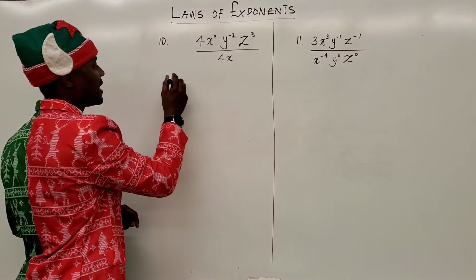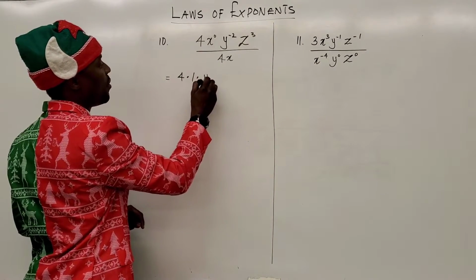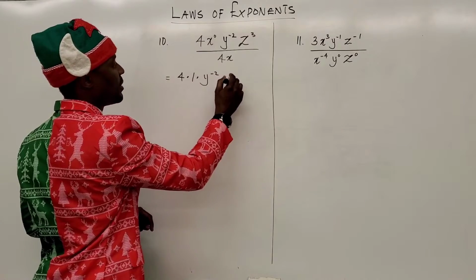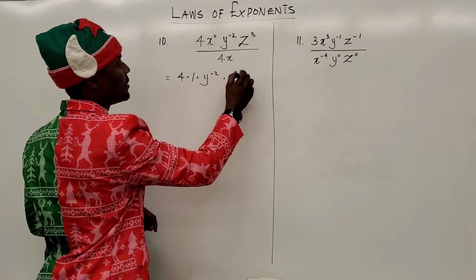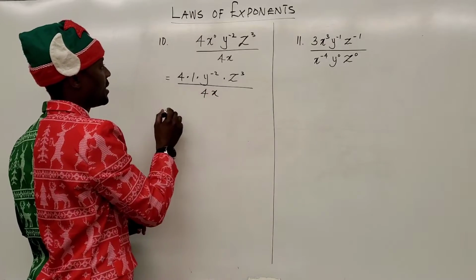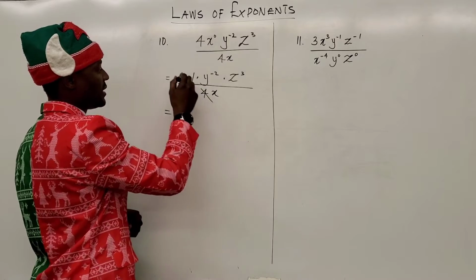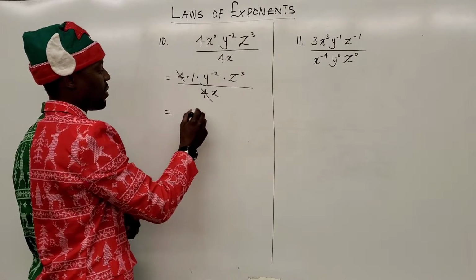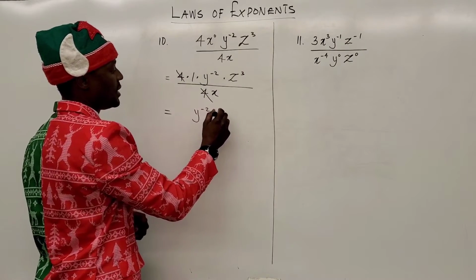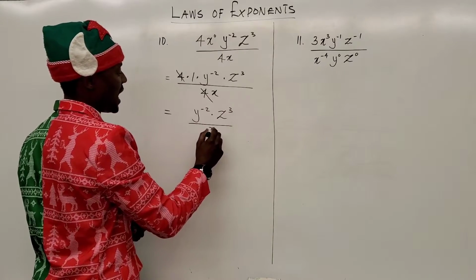So this will be the same thing as writing 4 times 1 times y to negative 2 multiplied by z to 3 divided by 4x. Okay, at this point, I think this 4 can take this 4 out. So we're left with y to negative 2, z to 3, and what is left here is x.